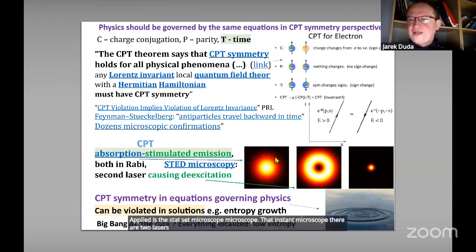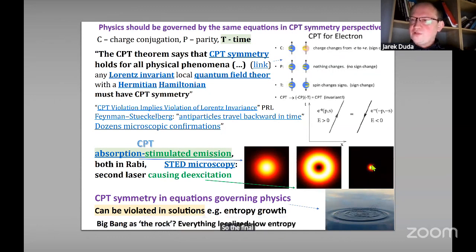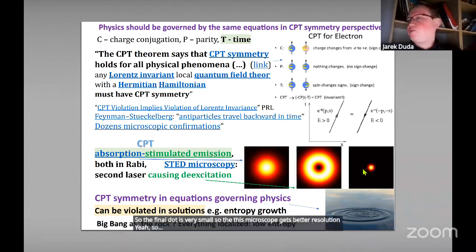One laser excites the dot, and the second laser causes de-excitation of the dot. So the final dot is very small, and this microscope gets better resolution. This is a reminder that with a laser we can not only excite but also de-excite.